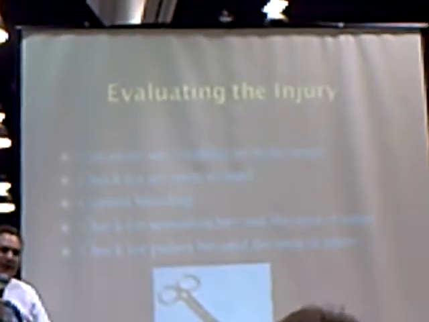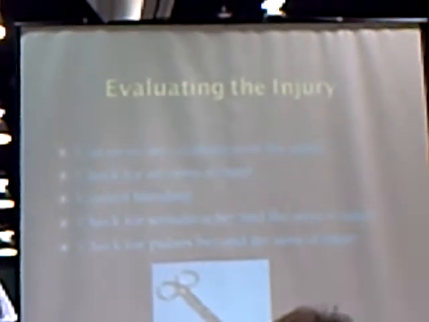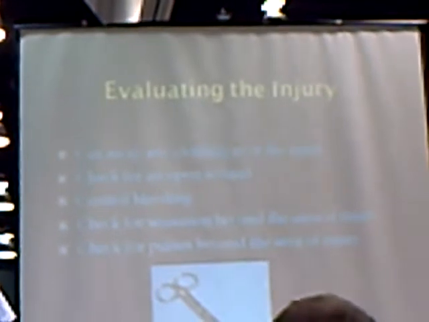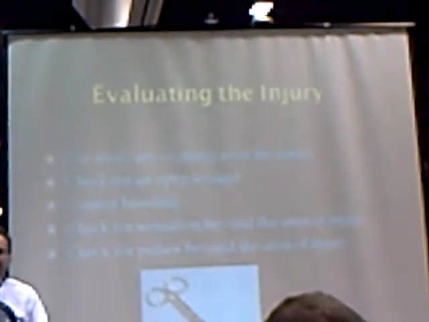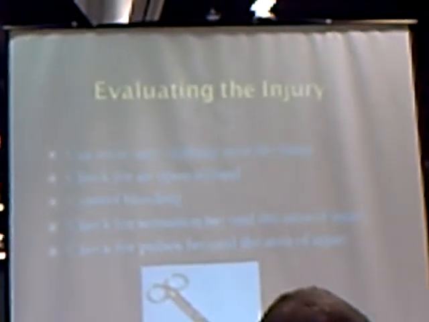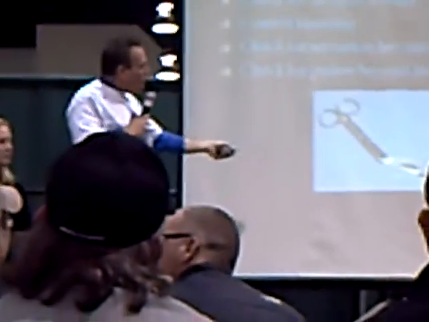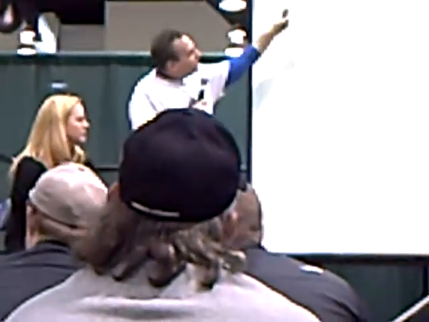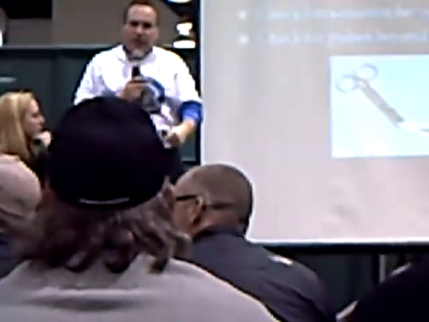The ones with the plastic handles, we doubled over a pair of jeans like that, and they actually snapped. They actually broke. So make sure you get an all-metal set of bandage scissors, and you're going to use that to cut away clothing over the injury so that you can properly evaluate it.